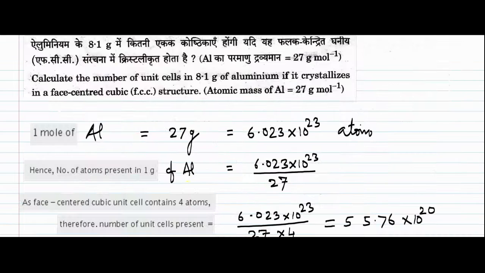Calculate the number of unit cells in 8.1 gram of aluminum if it crystallizes in an FCC structure. Atomic mass of Al is 27 gram per mole. 1 mole of aluminum, 27 gram, equals 6.02 × 10^23 atoms. 27 gram means 1 mole, and 1 mole is equal to Avogadro number.